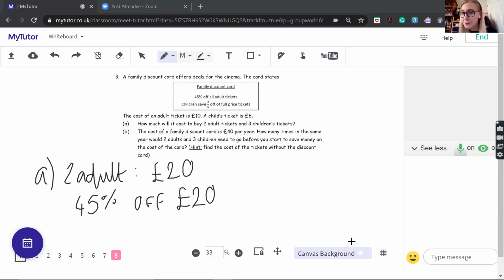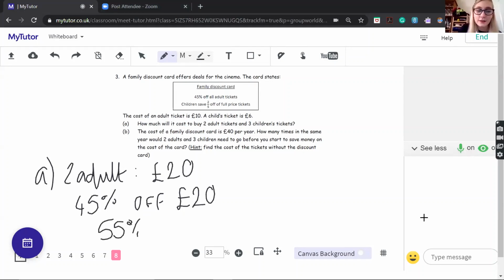Basically, what I was looking for was that it's going to be 55% of the £20 of the price, right? If it's 45% off, it's the other 55% that you're paying. So then we can convert this to a decimal, 0.55, and then of the price, which is 20.